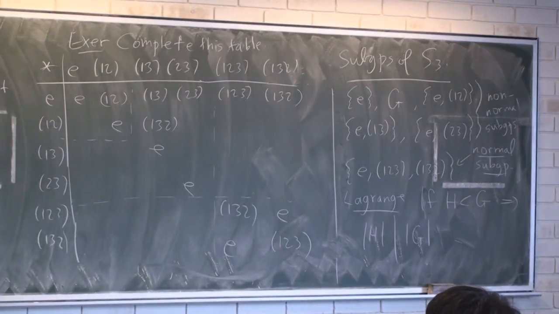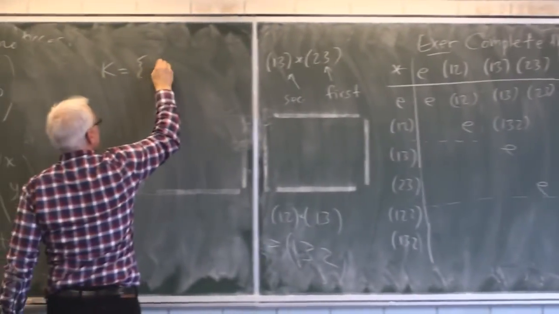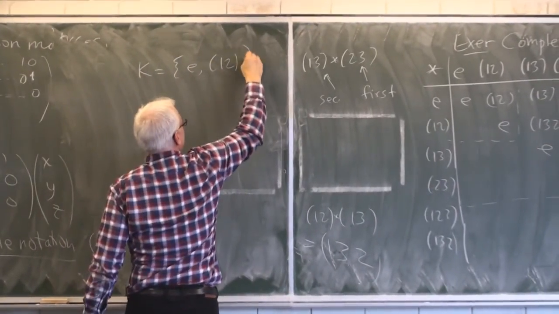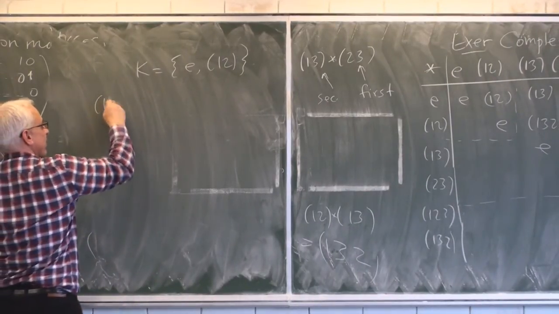So just to illustrate that, let's take one of those subgroups. Let's call it K, this subgroup E, 1, 2. Let's look at its translate by, say, 1, 3.